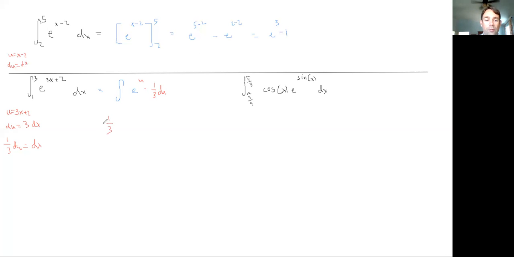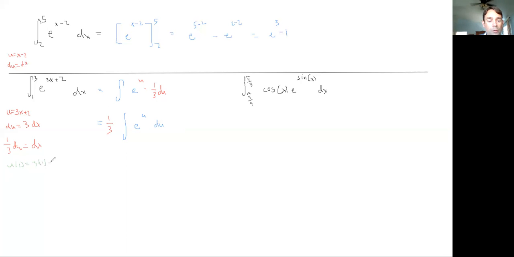And we've got to go back and deal with our bounds now. And remember, when we do a u substitution, you can either leave it in terms of u, if you want to put the 3x plus 2 eventually back in, or what most of us do, I think, is we just go ahead and evaluate the values of u in. So instead of using u of 1 and u of 3, we actually figure out what those are.